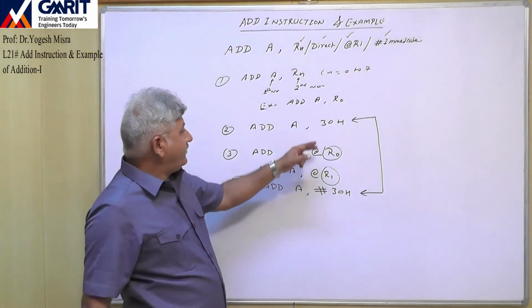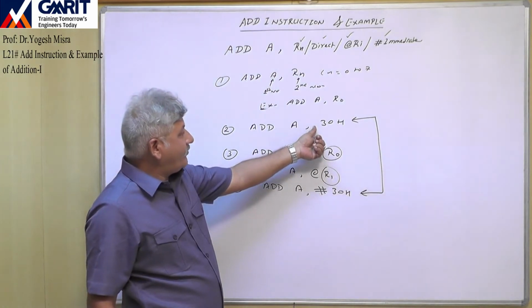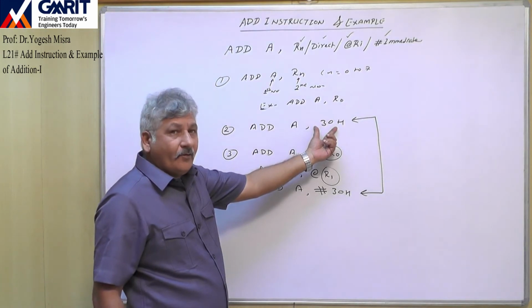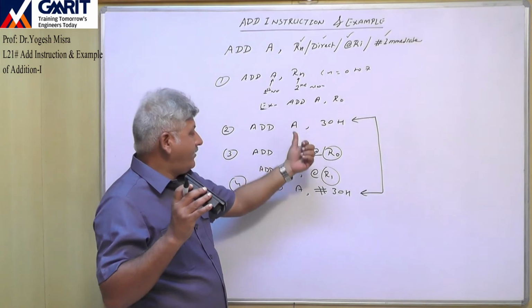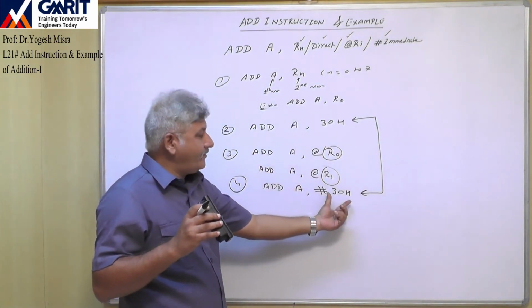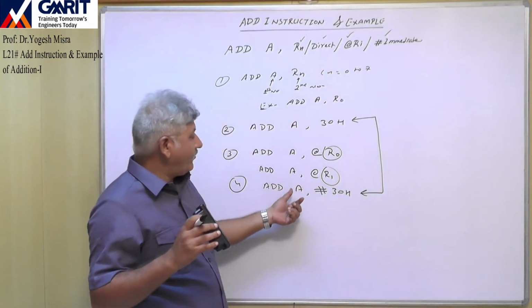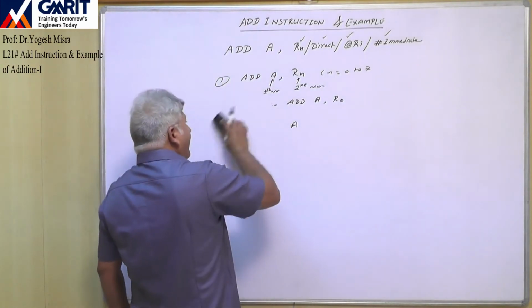The only difference between them is the absence of the hash symbol. Here 30H is the address where our data is stored, and that data will be added with A. And here, since we have placed the hash symbol, this indicates that this is the data, so 30H will be added with the content of A register. So these are the four forms of add instruction.